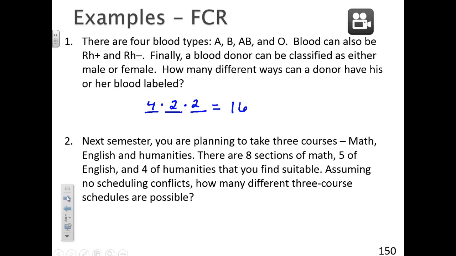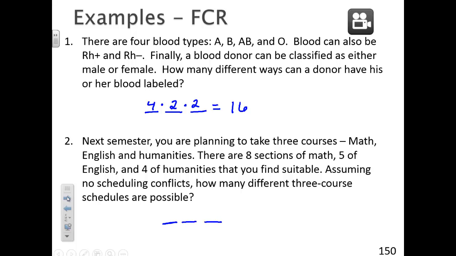Next example. Next semester you're planning to take 3 courses. You wish to take Math, English, and Humanities. There are 8 sections of Math, 5 of English, and 4 of Humanities. Assuming no scheduling conflicts, how many different 3-course schedules are possible? So there's 3 different courses that we're choosing from.